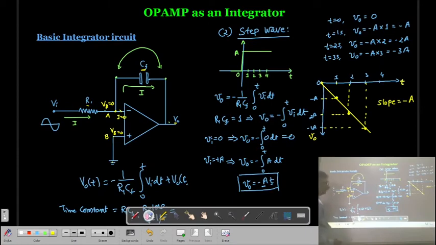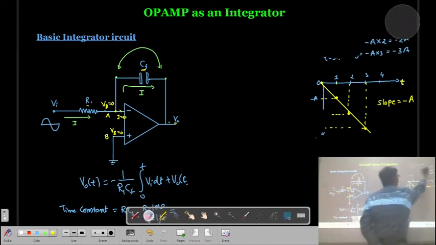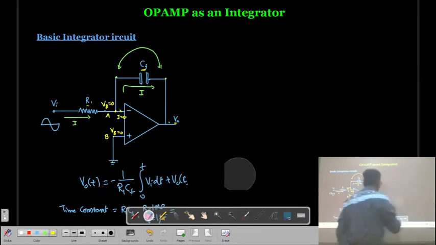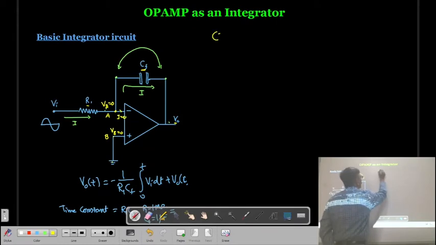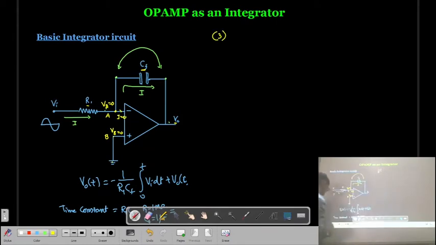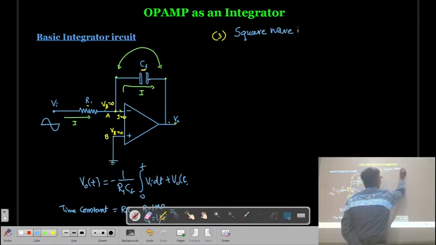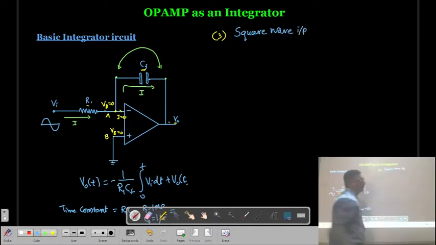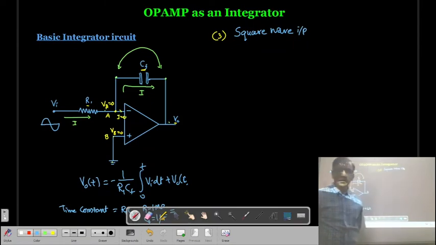Now let us see one more input voltage, and that is the square wave input. If we apply the square wave, then what will be the signal at the output of the integrator?